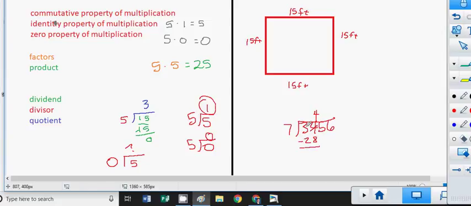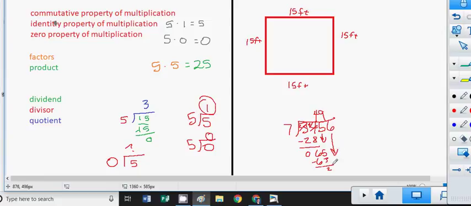Subtracting, have to borrow. This becomes a 2. This becomes 14. Bring it down. 7 into 65, I'm thinking 9 times 7, and this is why your multiplication facts are so important, that you can do this with automaticity, automatically.